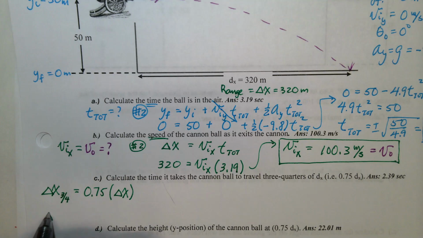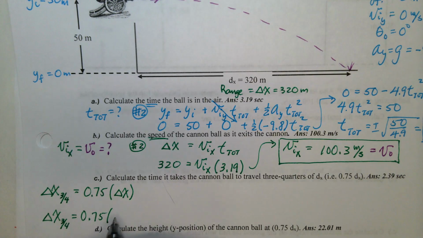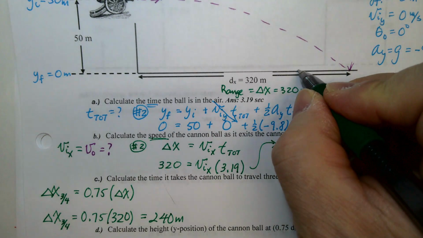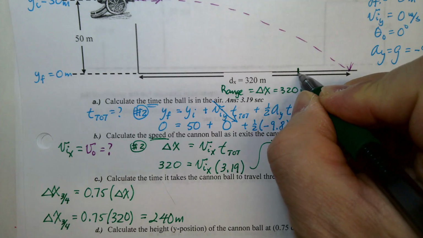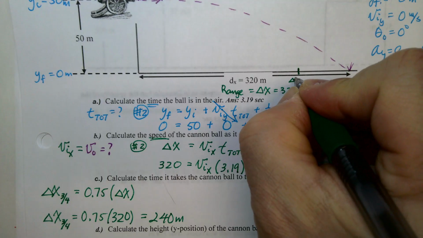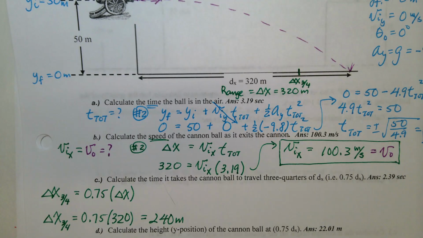So it is 3/4 of 320 meters, which is equal to 240 meters. So that will be somewhere here. I'm just going to roughly say that is your delta x of 3/4 of delta x, right?